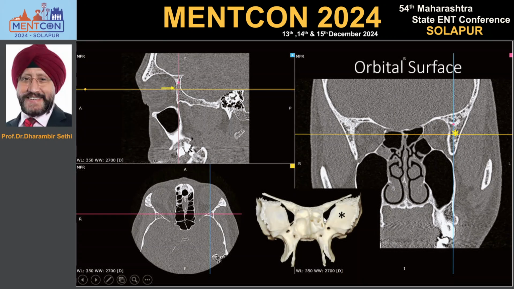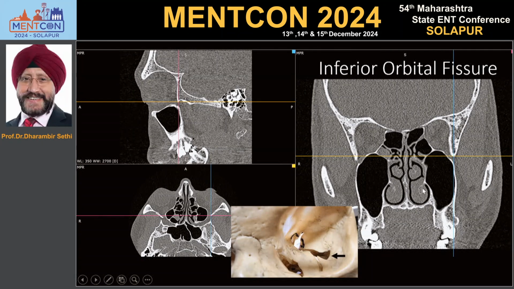This is the orbital bone. The orbital surface contributes to the lateral wall of the orbit posteriorly, along with the zygoma. It forms the lateral wall of the orbit. Now, this is the inferior orbital fissure right here, and the infraorbital nerve passes through the inferior orbital fissure.